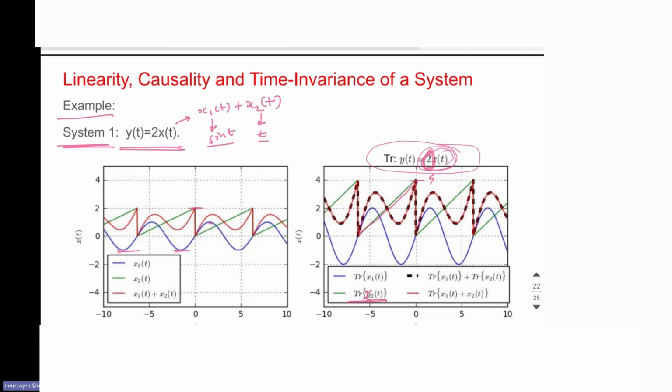Okay, now if separately you add this signal, what will you get? You will get that your signal is shifted on this. Okay, so this black dash line is nothing but the separate addition of the transformed signals.